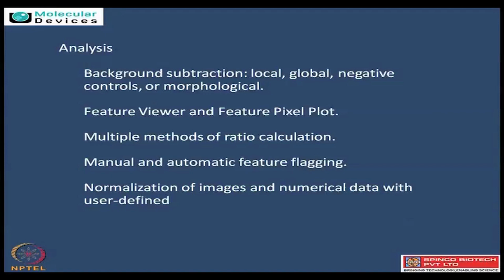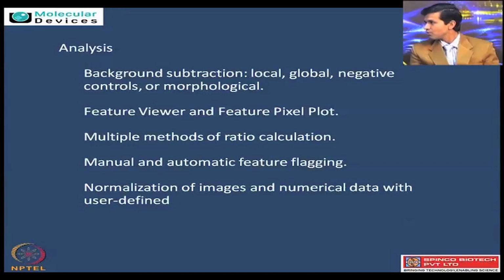These negative and morphological controls are subject to the design of the slide type. Say for negative controls, in your slide there should be some spots which should not bind to anything and are left blank. Whereas local and global can be calculated in the general space where there are no spots, the area nearby your particular feature which is not spotted. In this fashion, background subtraction can happen.